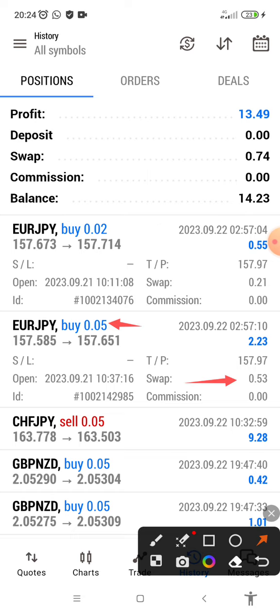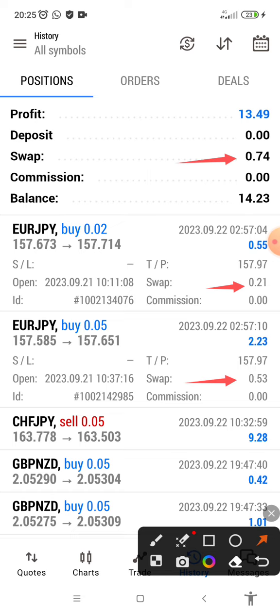So you see that on the first trade, the swap fee is only 0.21. The second trade, the swap fee is 0.53. And this is extra profit that is going to be added to your account. So you see that in total, this is it here. They are giving you the total swap, which is almost $1. So you gain almost $1 on your money. The same way sometimes you can lose when the swap is negative.